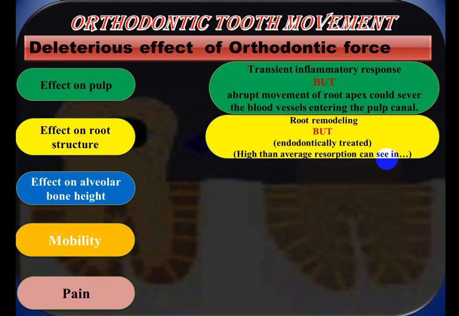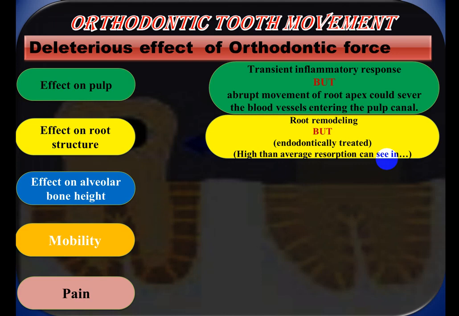If the roots of the tooth have a cortical root with pointed apices, they will be more susceptible to root resorption.